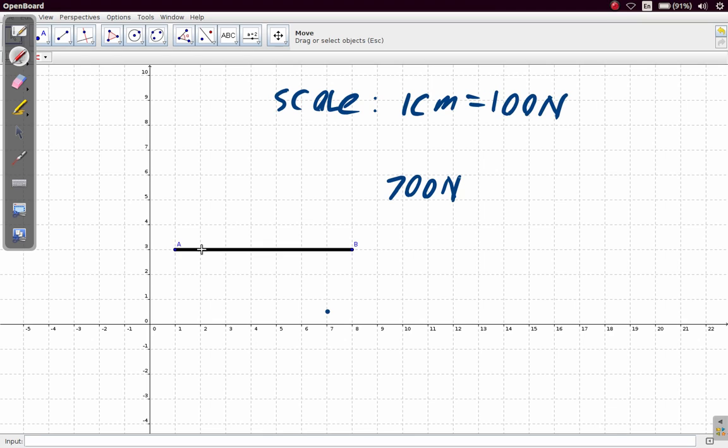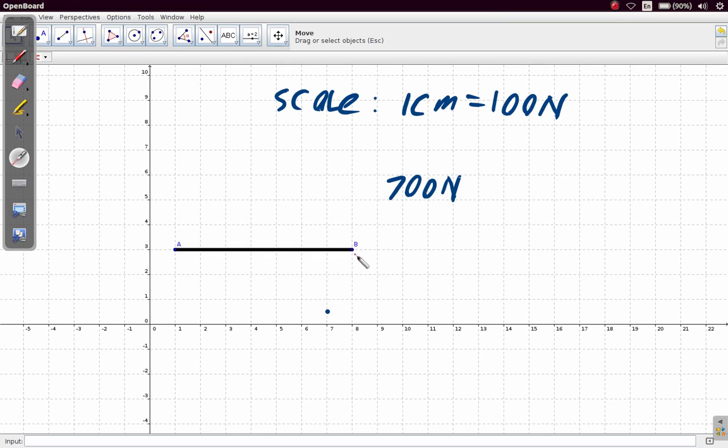So that from here to here is 100. Let's use this. From here to here, 100, 200, 300, 400, 500, 600, 700 newtons. All right. So that's my scale here.